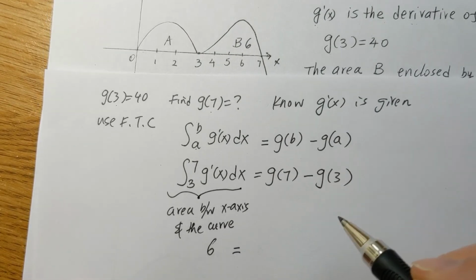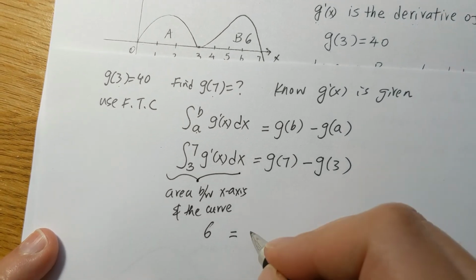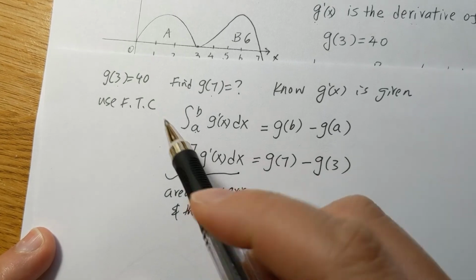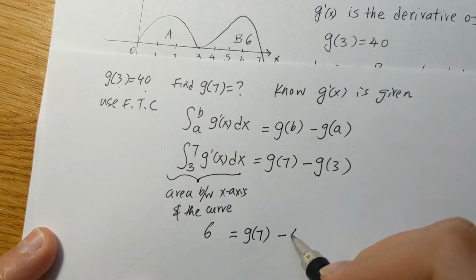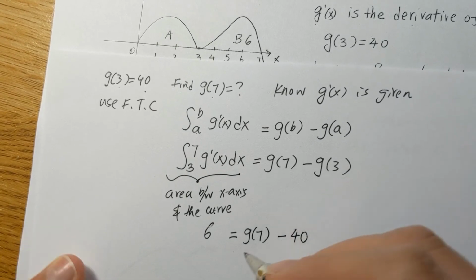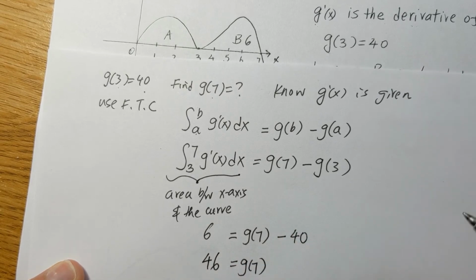So now we got 6 equals g of 7 minus g of 3. And we know g of 3 is 40, so we put minus 40. Now we just add 40 to both sides. So we got g of 7 equals 46.